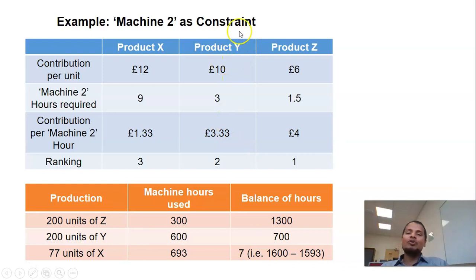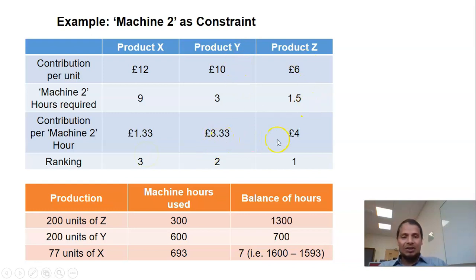Then you will produce product Y and use machine 2 for product Y, because you will get this much contribution, 3.33. But from product X, for the same hour, you'll get just 1.33. The same hour, don't produce X, produce Y, then you will get this.